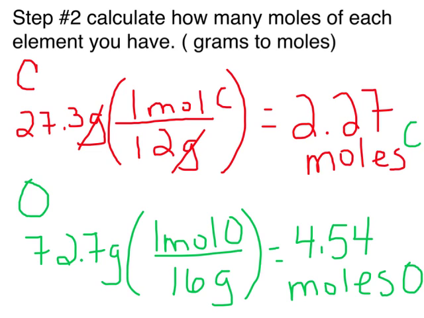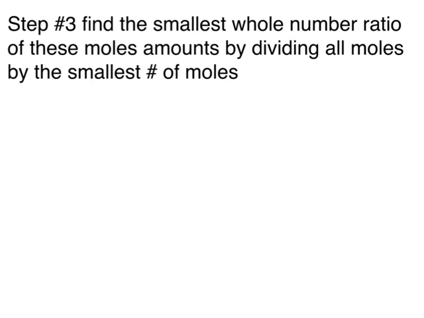Okay, so the next step is kind of wordy and complicated, but the understanding is that you're going to take the smallest mole number or whole number ratio of these mole amounts by dividing the amount of moles by the smallest number of moles. Pretty wordy, right? Go back to the last step and look.